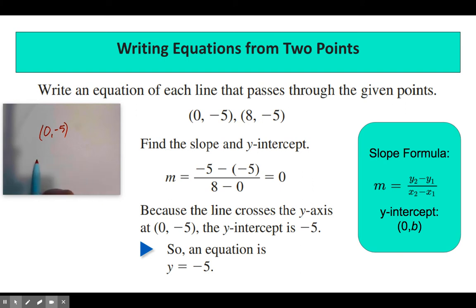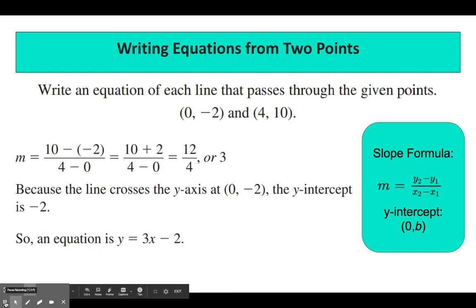So our slope is 0, and we know when we have a slope of 0, we end up with a horizontal line, right? And we know where it crosses the y-axis, here's our y-axis, so this is going to be at 0, negative 5. So our line would be y equals negative 5.